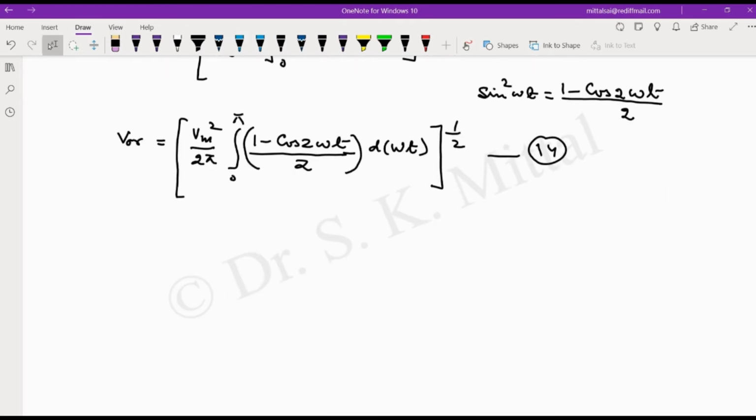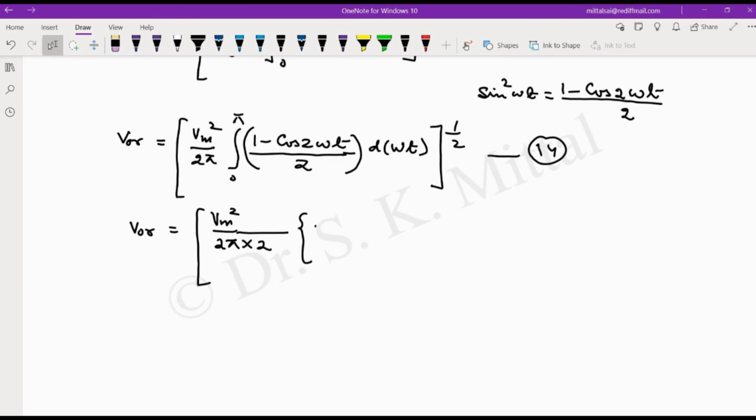Now again we can simplify this equation. Vm square divided by 2 pi, into this 2 can be taken out from the integral sign, and then what will be there? 1 minus cos 2 omega t.